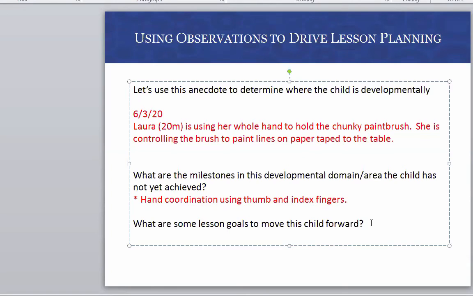What are some options you could have to make it more difficult to move her forward? Lacing cards. You can practice with lacing cards to put in the little hole with the fingers. All right.